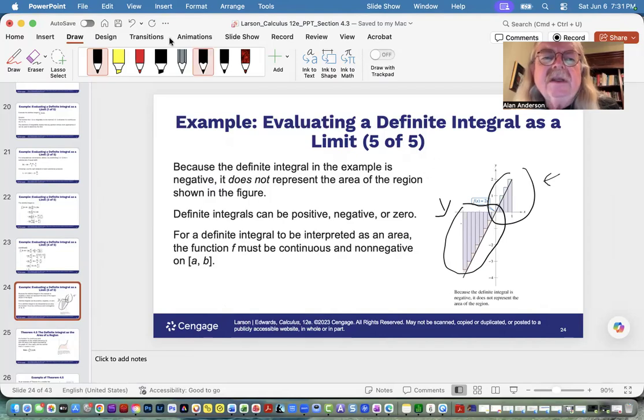What you would have to do is, instead of integrating this function from -2 to 1, you break it up into two pieces.